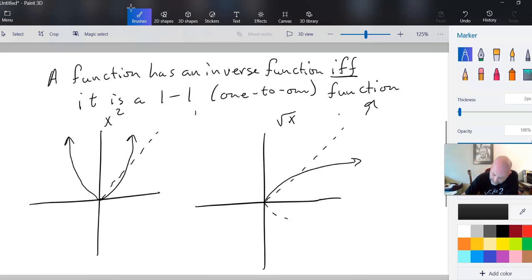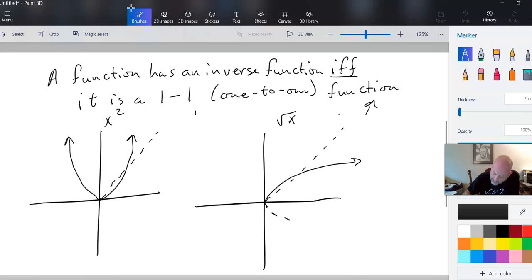So this is one of those places where there's actually what's called a domain restriction. The domain is the set of the inputs, where we only consider the positive values here, right? Only look at the first quadrant, then I can force an inverse to exist. But if I look at the whole function, the inverse doesn't exist, right?